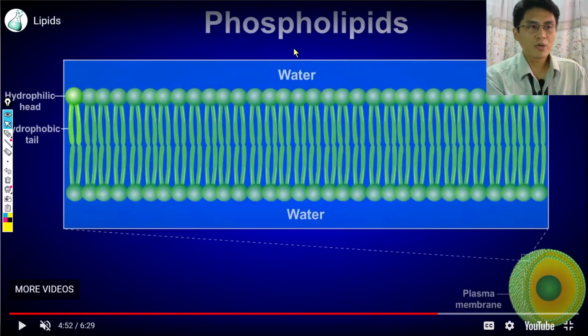But again, you need to control what enters the cell and what exits the cell. And if you have this structure, then you prevent all types of things, because even if it's water soluble, when it gets to the center, it cannot just pass through immediately, because this is non-polar, right?